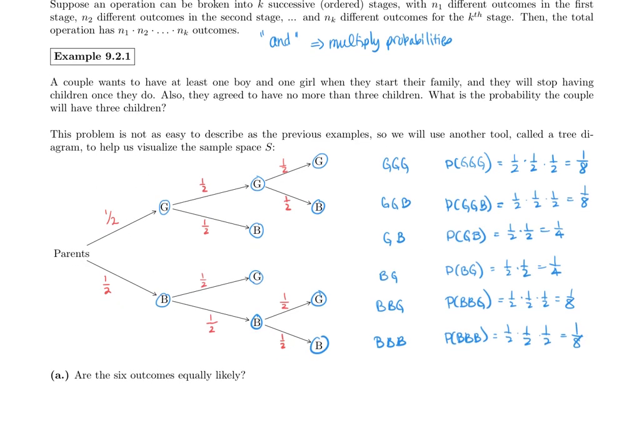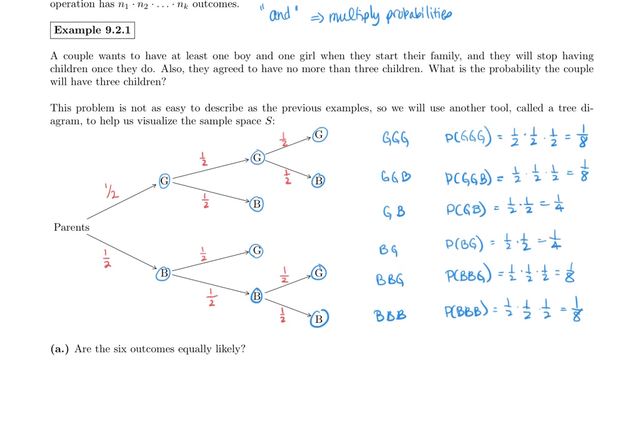So this is a tree diagram, and we've labeled all of our different probabilities that go with each branch. Now that we've calculated all of the different possibilities, there are 6 possibilities here for how this could pan out for this set of parents, and they have 6 outcomes.